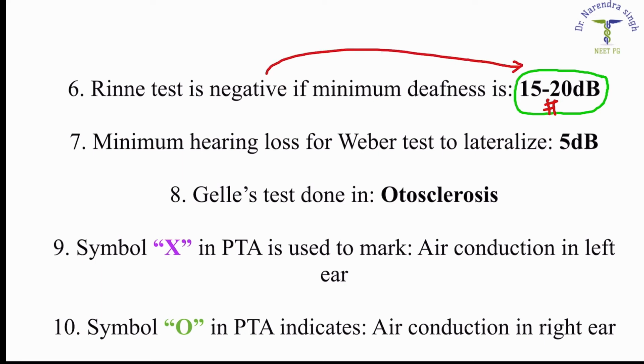Whereas the minimum hearing loss for the Weber test to lateralize is 5 decibel. So from this we can say that the Weber test is more sensitive as compared to the Rinne test, because it is positive, that is, it lateralizes, even when the hearing loss is less.